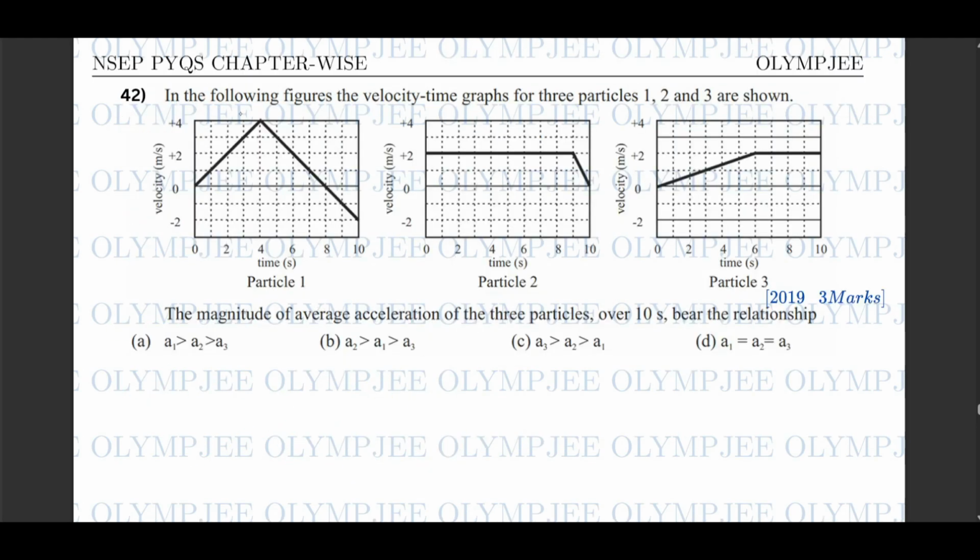Question 42 says, in the following figures, the velocity time graphs for 3 particles 1, 2 and 3 are shown. The magnitude of average acceleration of the 3 particles over 10 seconds has the relationship. For finding the average acceleration, the formula is v final minus v initial divided by time. So we are only concerned with the final and initial velocities.